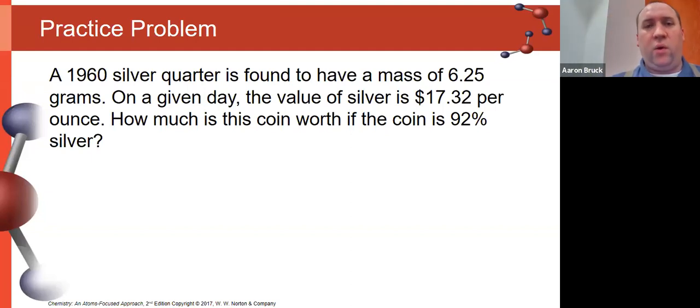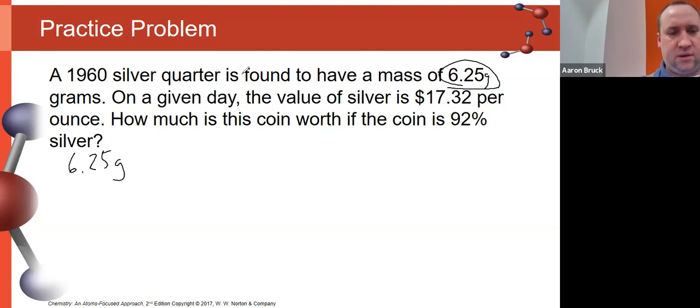Okay, so there's a couple of pieces of information here that are useful to us. First of all, we have a measured value. The 6.25 grams is our measured value. That's where we're going to start, 6.25 grams.